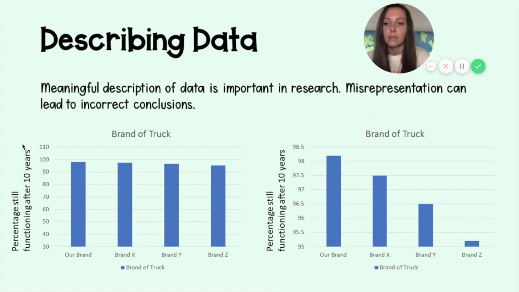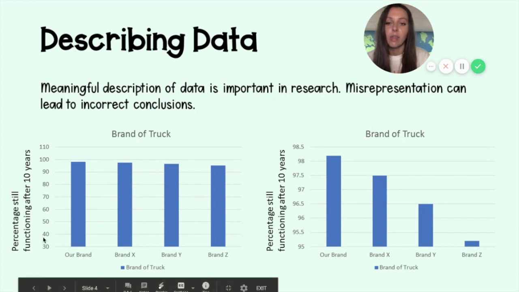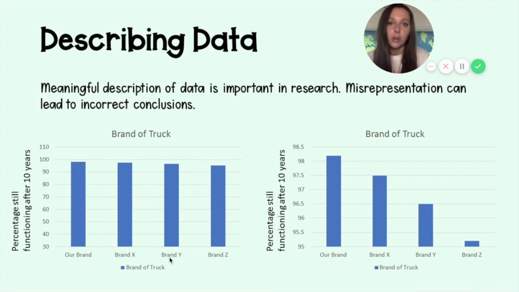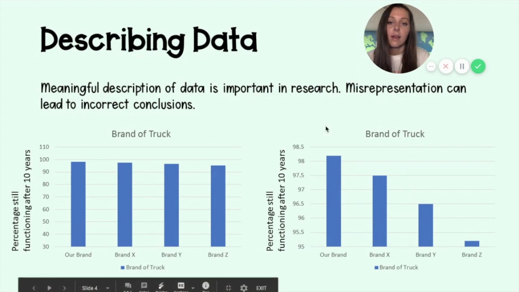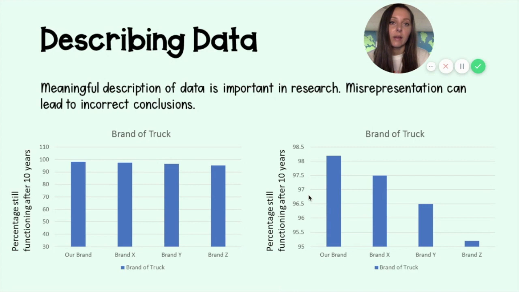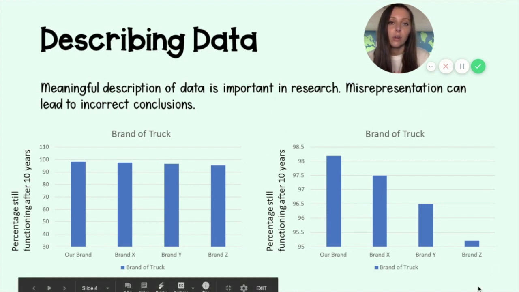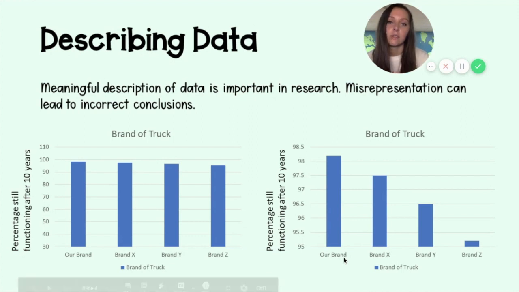If I was to produce the graph on the left, that would give us incorrect information because it would look like we could really go with any of the brands. But if I was to show you the graph on the right, you would know the correct answer would be to go with the first brand, if you want to buy a truck that's going to function after 10 years. So we want to be really careful on how we describe our data because we don't want to misinform.